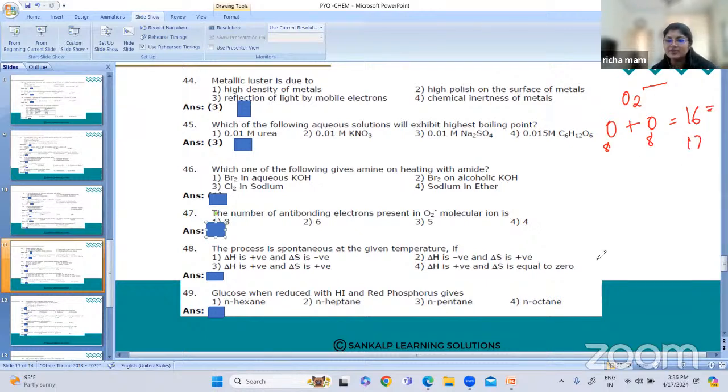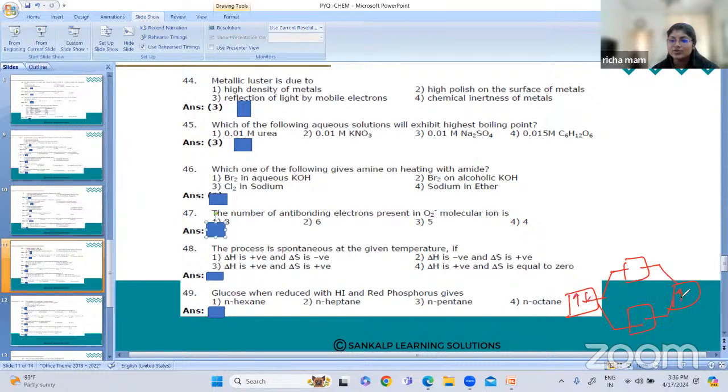So when we fill up the 17 electrons, 1s2, 1s2, so 2 electrons, 4 electrons.